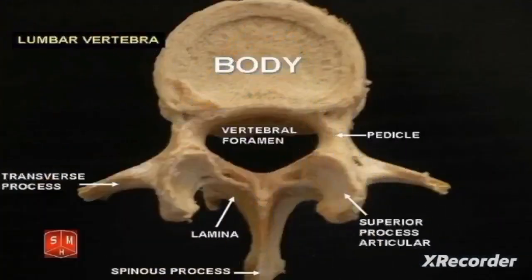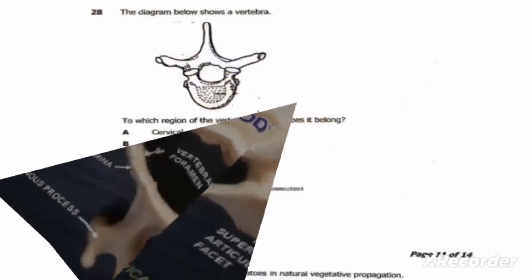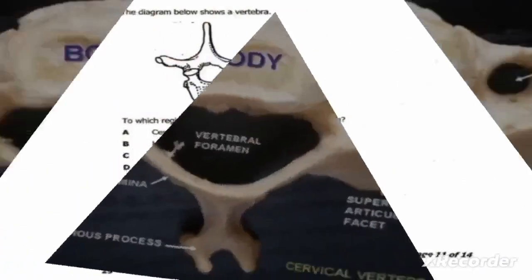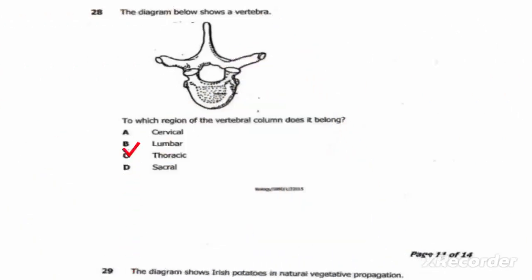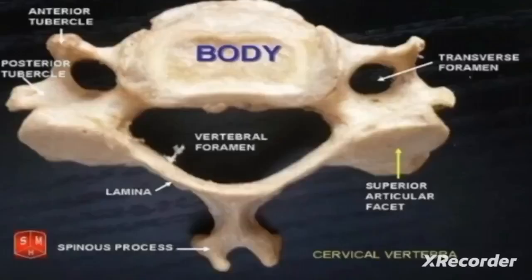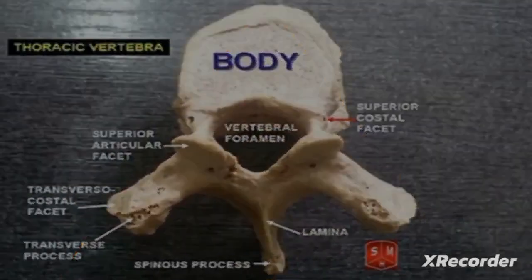We have the lumbar vertebra. We also have this one, which is the cervical vertebra. So this one that has been given is the thoracic vertebra, which is here.